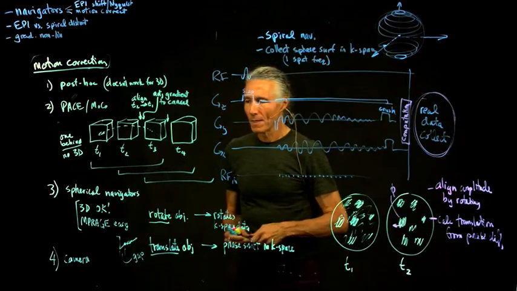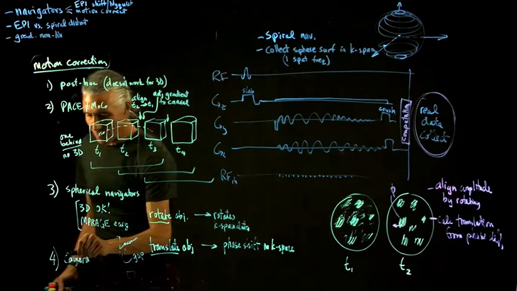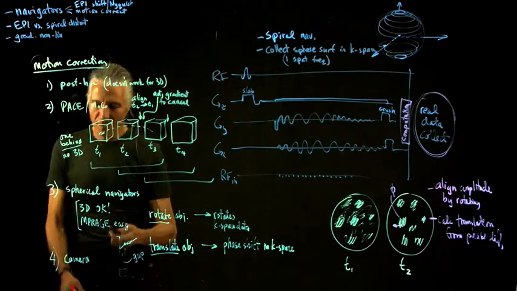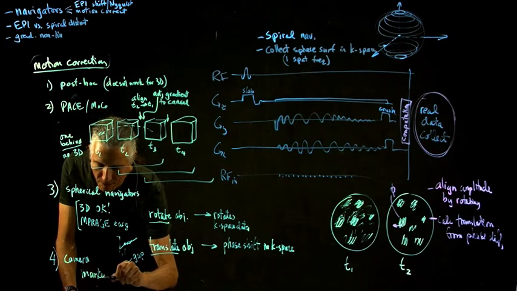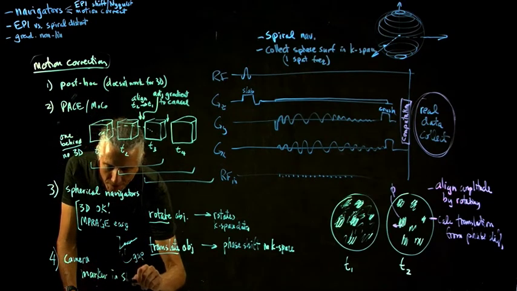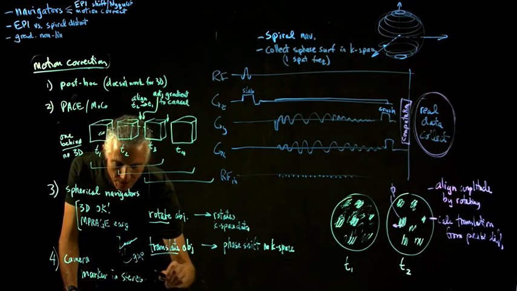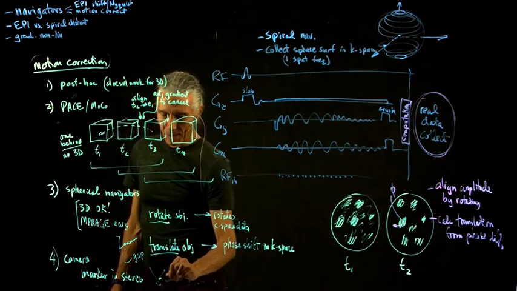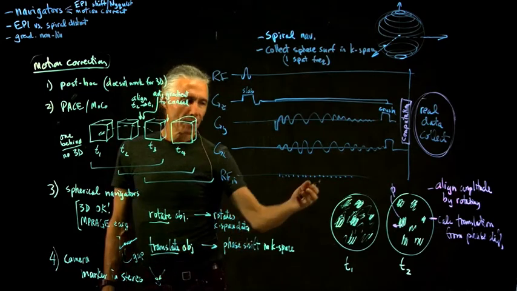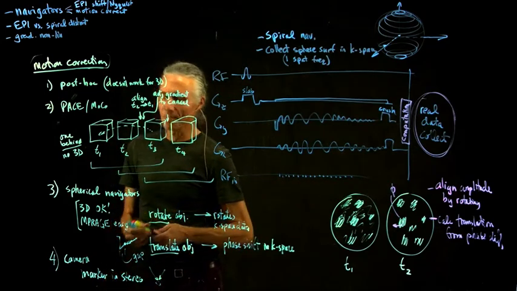But of course, then you've got to have a camera set up. You have to have a marker. So basically the camera is looking at the marker in stereo, using two different cameras to look at a marker and figure out where the position of the marker is, and then feed that information back in to the scanner to cancel the motion.